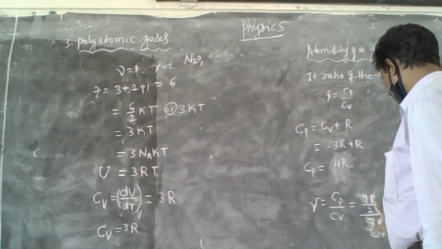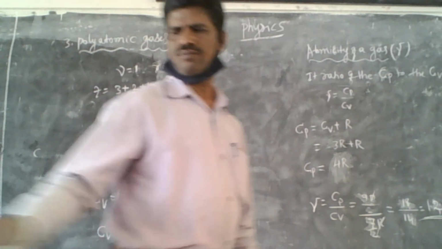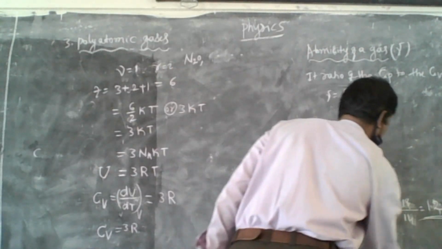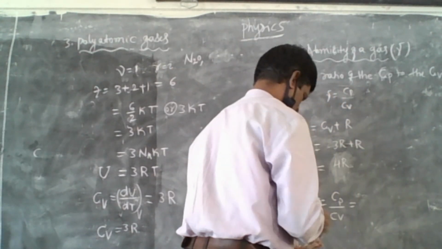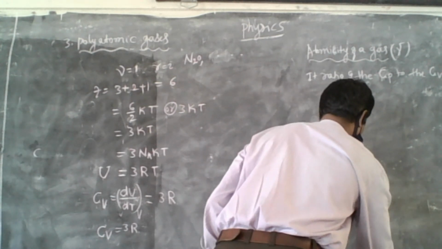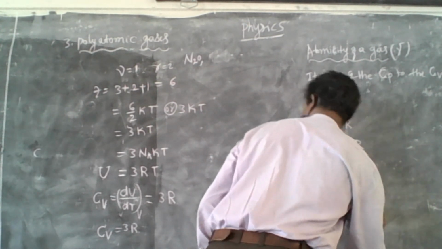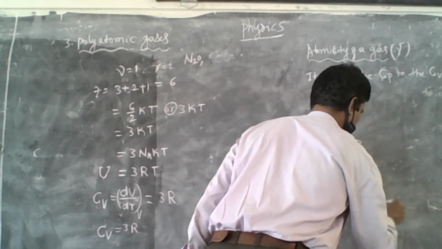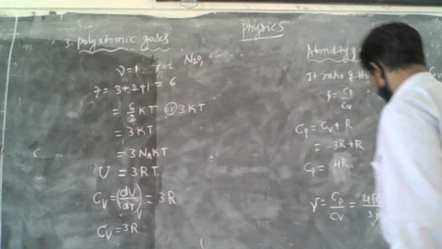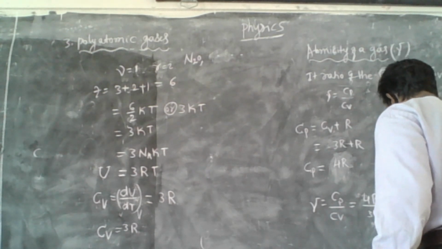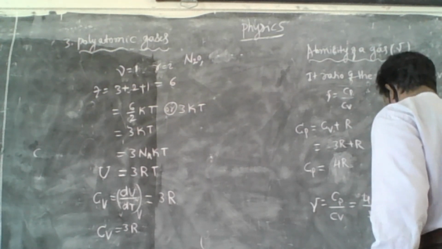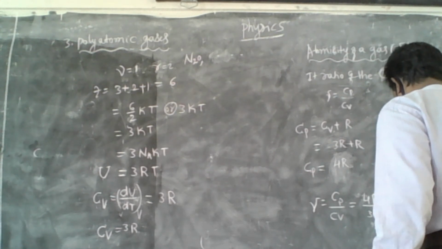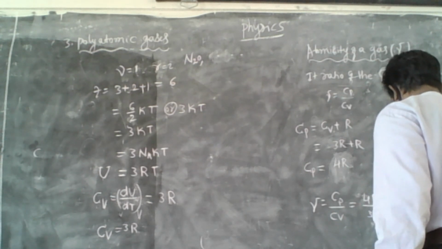Cp by Cv is equal to 4R divided by 3R. R gets cancelled. What is remaining here? 3 ones are 3, 3 threes are 9.